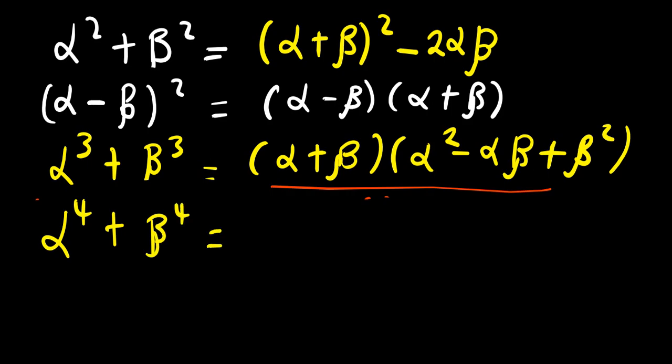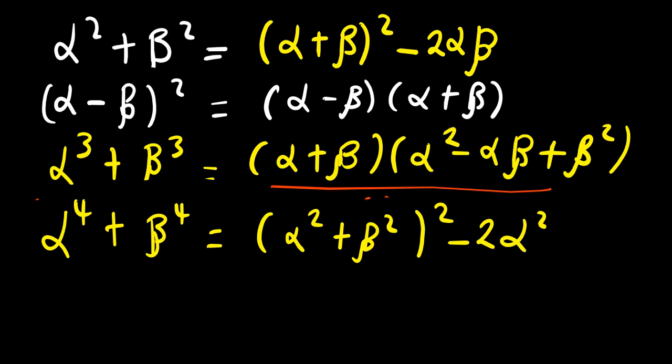This will just be equal to the first expression that we had, so this will be (alpha squared plus beta squared) squared, minus 2 (alpha beta) squared.